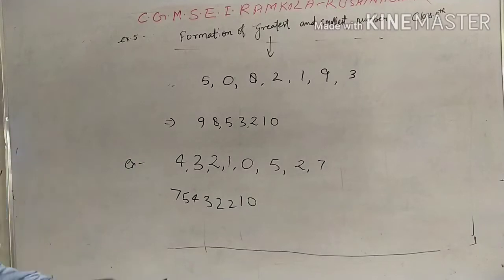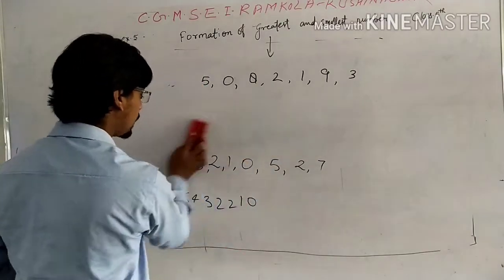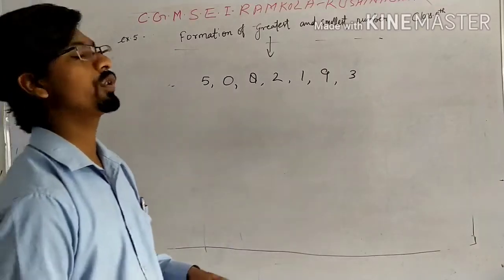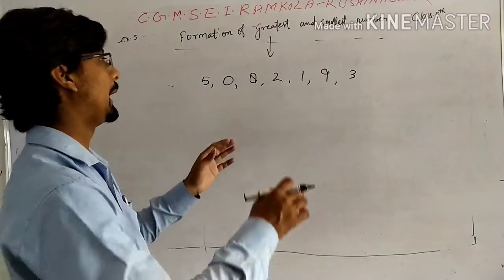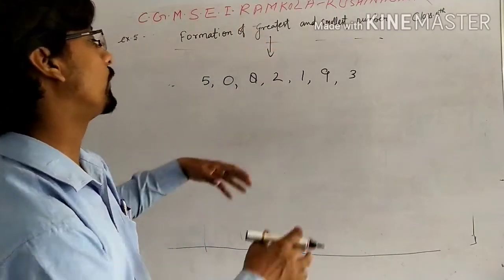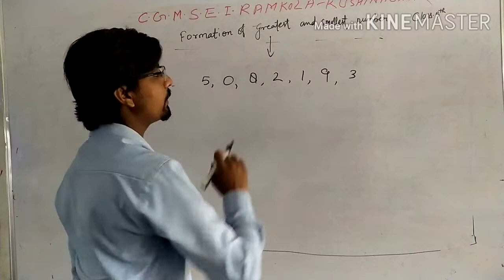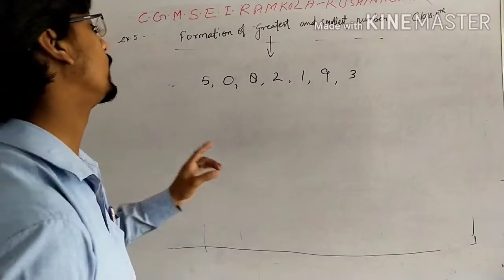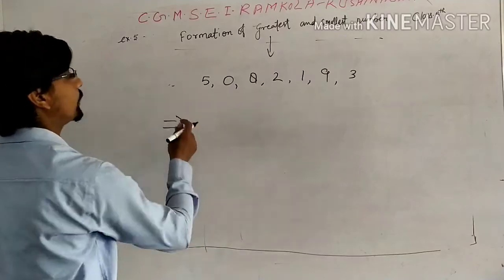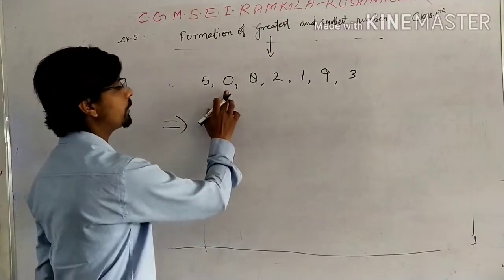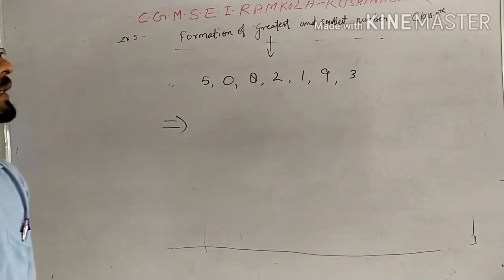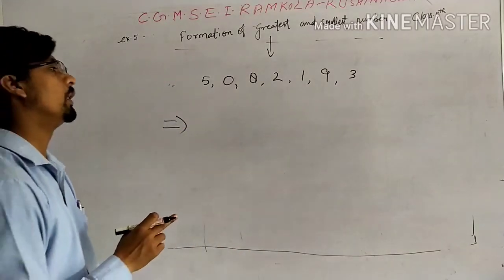In this sequence, you can also make the smallest number from these digits. So what should we do? Previously, when we formed the greatest number, we started with 9, but for the smallest we should put the smallest digit first. You see 0 here, but we never start from 0.